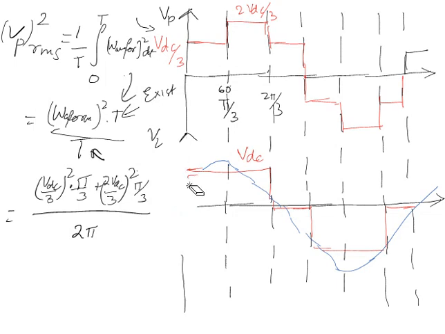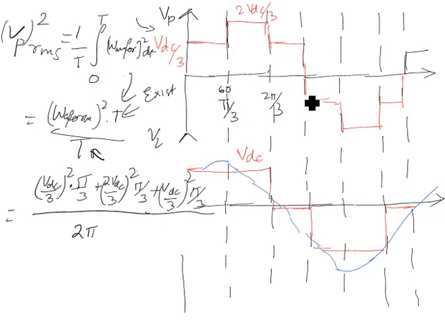Okay, and then plus this cycle, this period, VDC by 3, and it exists for again pi by 3. So VDC by 3 whole square, and again it exists for pi by 3. Okay, so this is for the positive half cycle.